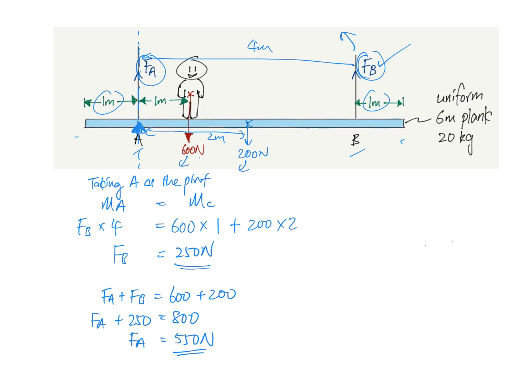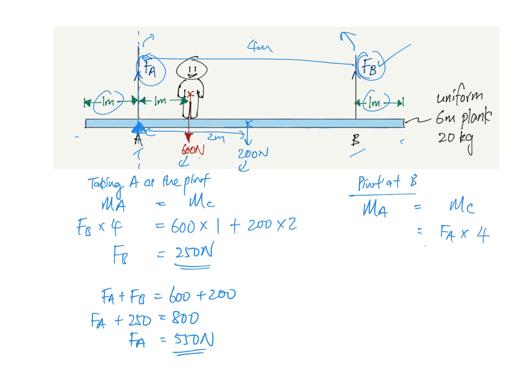Let's say you have time to check, you can take the pivot about point B to find FA. Total anti-clockwise moment equals the sum of clockwise moment. In this case, FA will be creating a clockwise moment, so FA times the distance from FA to the pivot, which is 4 meters.